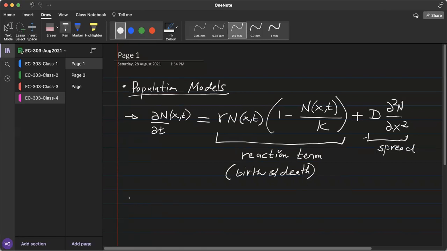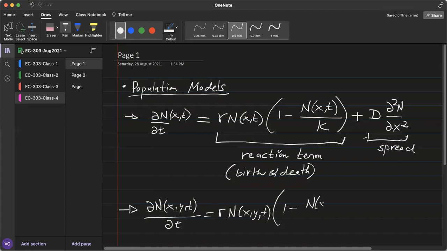But of course, we can write this in 2 dimensions also, right? So x, y, t. The only thing that changes between the equation above and the equation below is the fact that I'm now writing 2 arguments. I'll just write that for the sake of completeness.